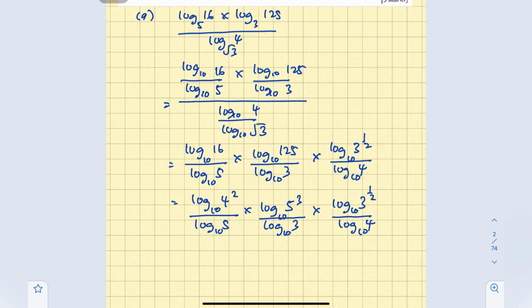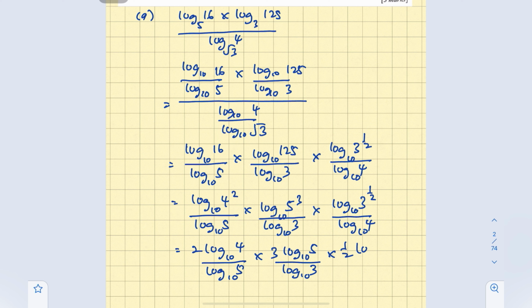By using the third law of logarithm, we can bring the powers to the front: 2 log 4 base 10 over log 5 base 10 times 3 log 5 base 10 over log 3 base 10 times 1 over 2 log 3 base 10 over log 4 base 10.